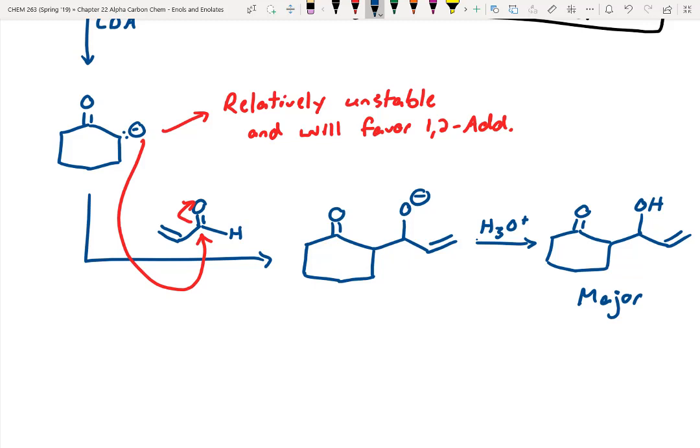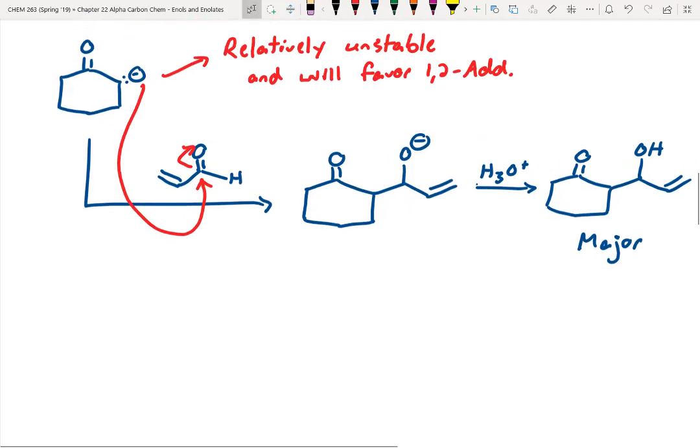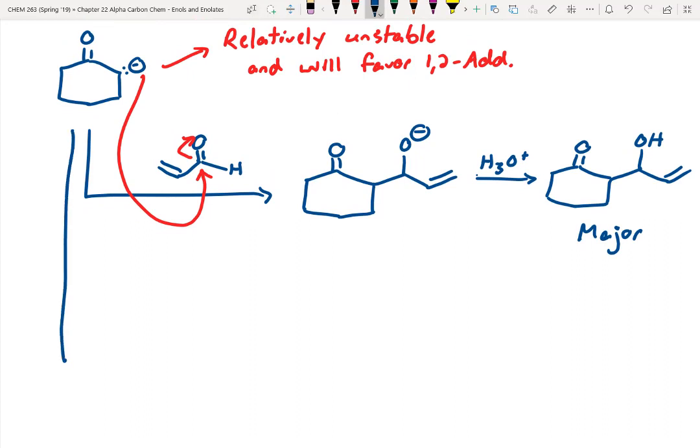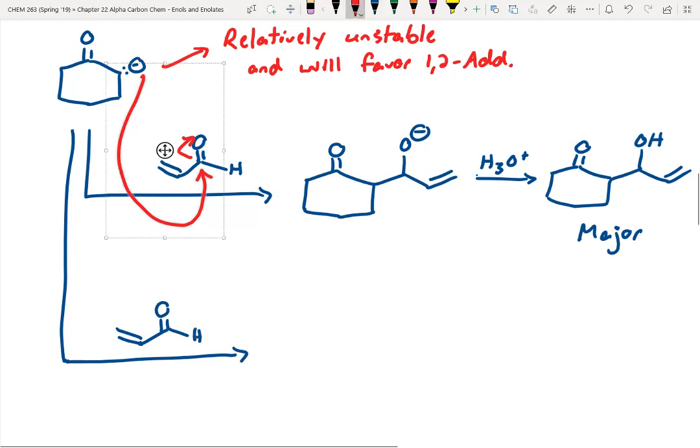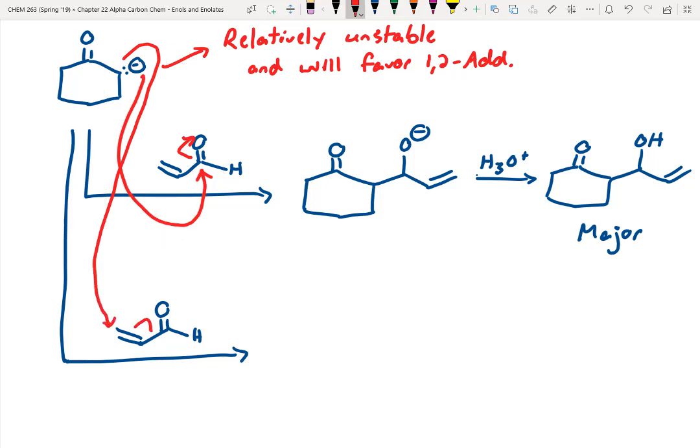All right. Conversely, we could have it attack at the other site, where this could attack the beta carbon, kick down electrons up to oxygen.